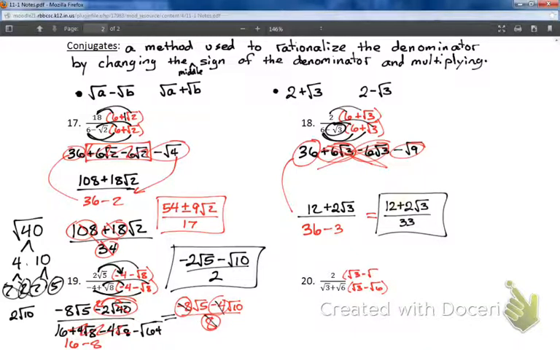You're going to see me do some shortcuts here in this one, which I'm fine with as long as you're getting these problems right. 2 times root 3 is just 2 root 3. 2 times negative root 6 is negative 2 root 6. Denominator, root 3 times root 3 is positive 9, or I'm sorry, is positive 3 because it's root 9. Root 3 times root 3 is the square root of 9.